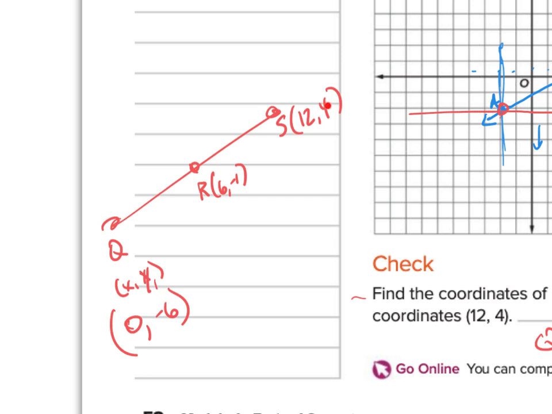My Y values, I moved from 4 to -1, which is actually a distance of 5. So if I traveled a distance on my y-axis another 5 in that direction, I should end up going -5, so that would be -6. So I can look at that and say, hey, that seems accurate.